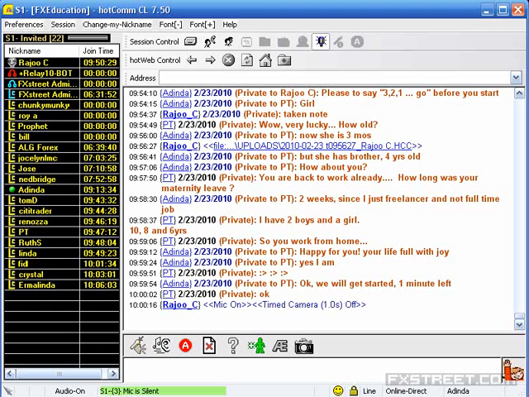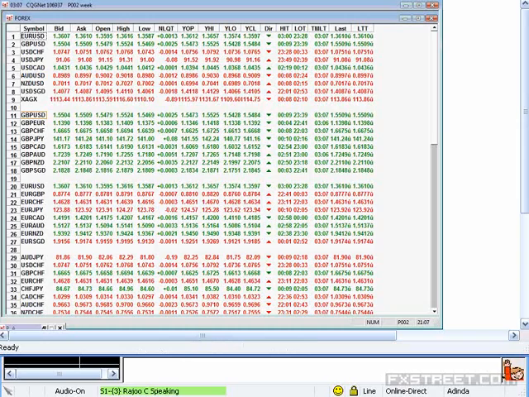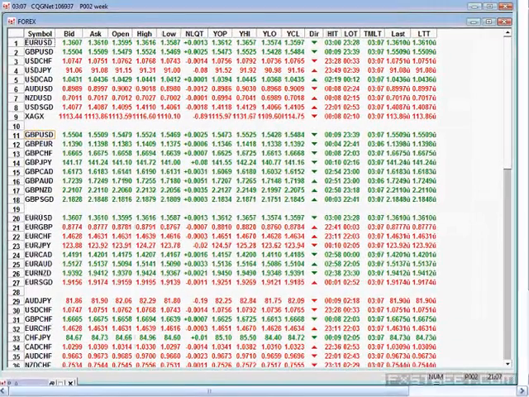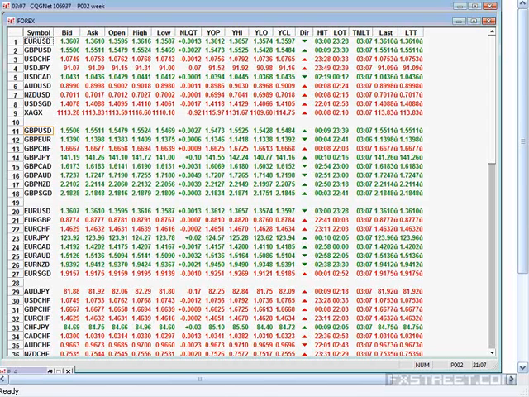Okay, coming back to today's session, the market has been very quiet, because one reason is yesterday there wasn't any US data, and today there's one data release which is not very important.